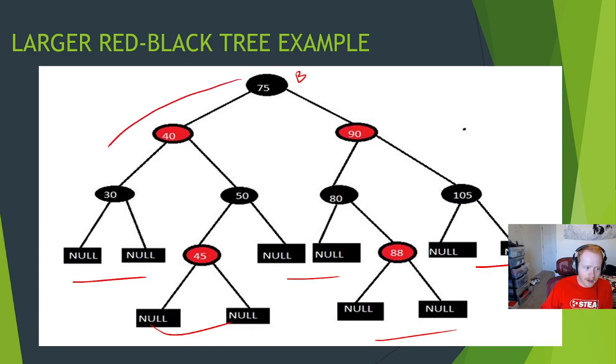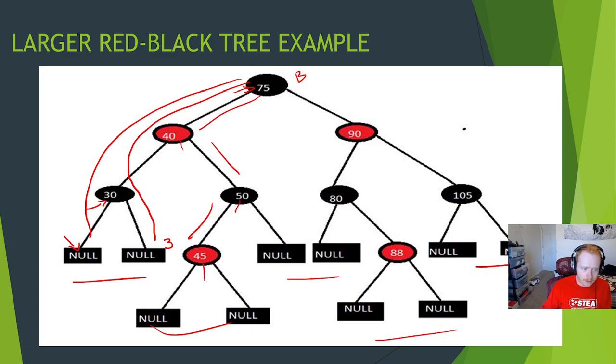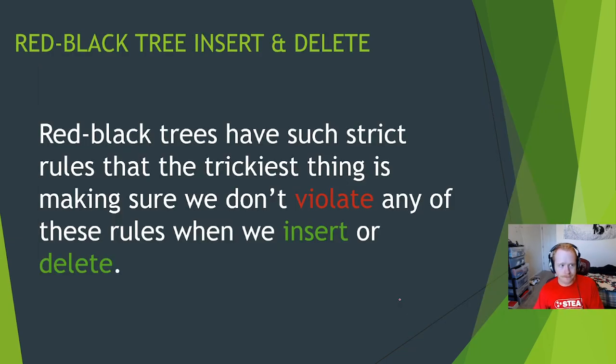With this path, we have three black nodes: 75, 30, and a leaf node. If instead we go here, we still have three. If we walk all the way down here, 75 to 40 to 50 to 45, we also have three. You get the idea.